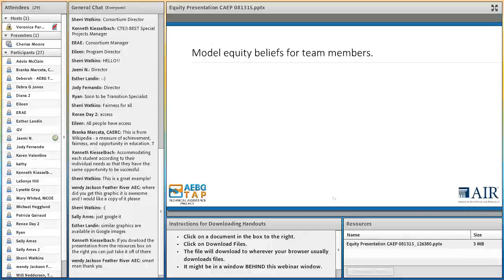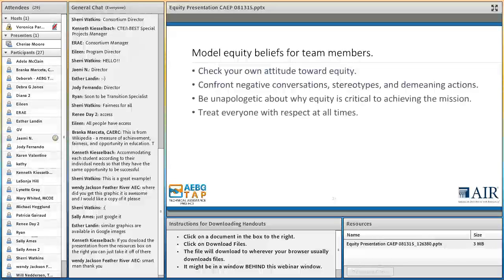Modeling equity beliefs for team members. Sometimes we have to be unapologetically who we are and unapologetic about equity and what it means in terms of helping us achieve our mission. That means that not only are you modeling and walking that walk, but you are using your role to set the tone.